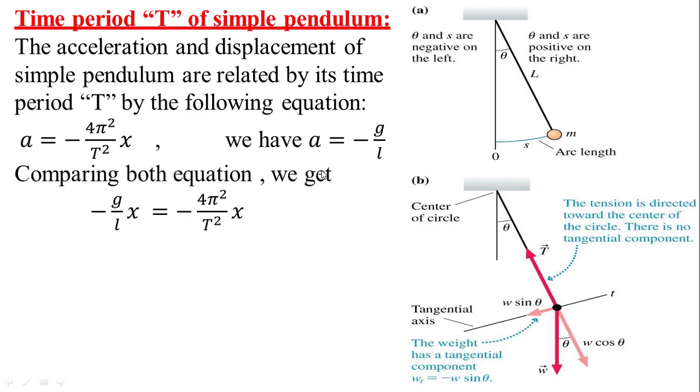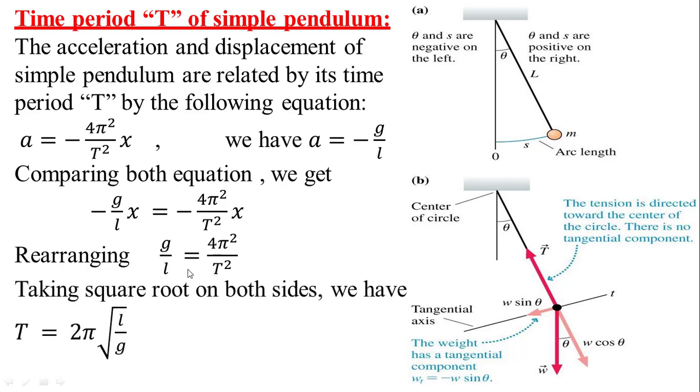Now comparing both equations, minus g over L x is equal to minus 4 pi squared over T squared multiplied by x. The x cancels out and the minus sign cancels out. Rearranging, g over L is equal to 4 pi squared upon T squared. Then taking the square root on both sides, T is equal to 2 pi square root of L over g. Now this is the time period of a simple pendulum.